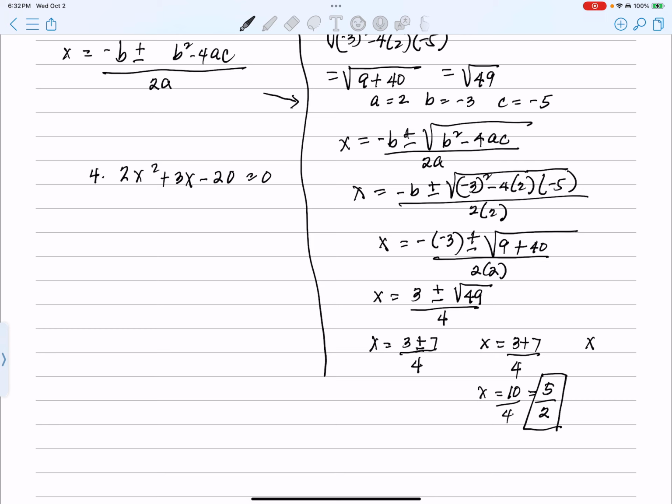This time we subtract, 3 minus 7, since this is plus and minus right here. 3 minus 7 over 4. x is negative 4 over 4. x is equal to negative 1. So these are your two values of x: 5 over 2, and x equals negative 1.